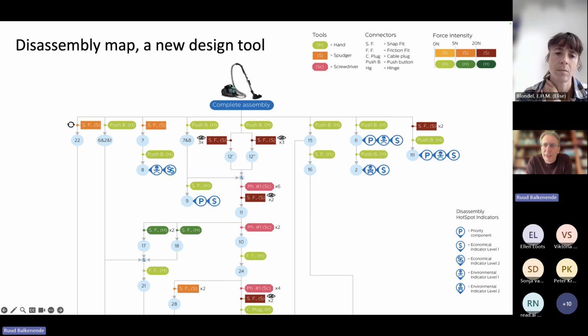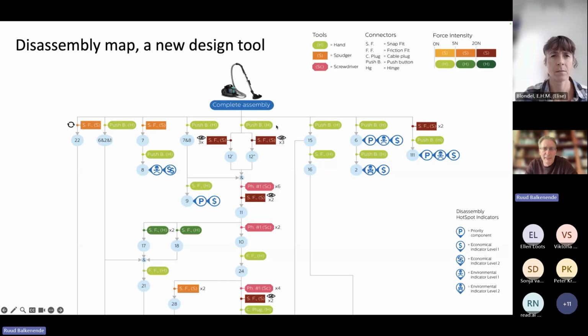So the first step in assessing the ease of disassembly is something that we do by making a disassembly map. This basically is a layout of the product architecture. It represents, depicts how the components are connected to each other. So all these light blue circles are components, and the importance of this disassembly map is not in the components, but it is in the connections, which are indicated by various shapes and colors.